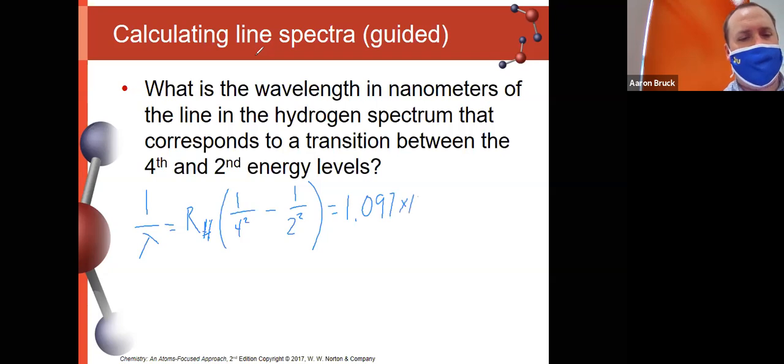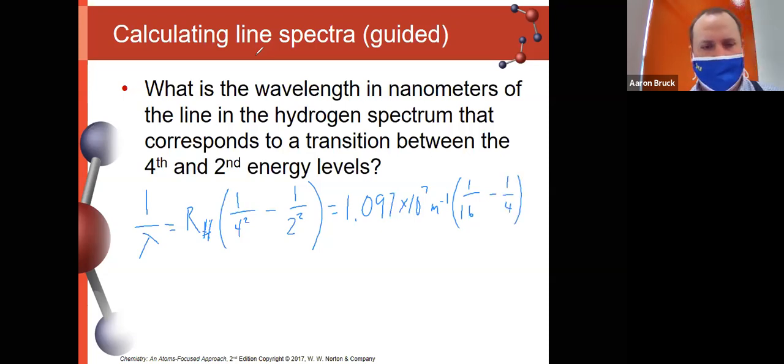(1.097) times 10 to the 7th reciprocal meters multiplied by the difference of 1/16 minus 1/4. 1/16 minus 1/4 is going to give me negative 3/16 as a result of that subtraction.